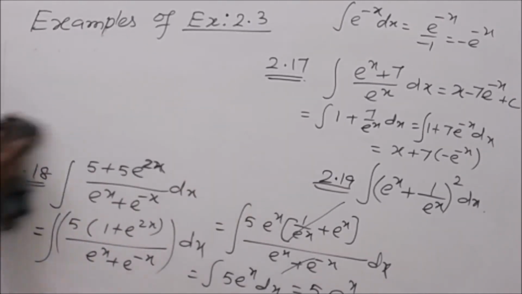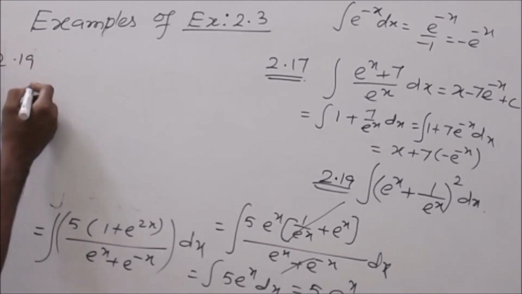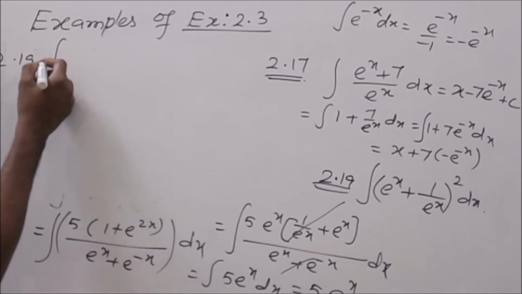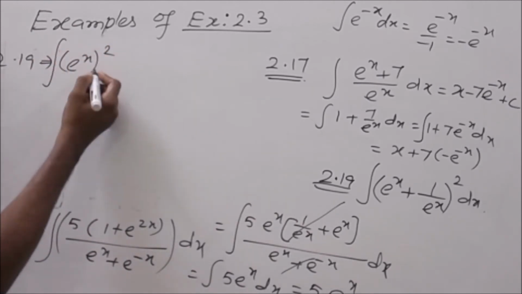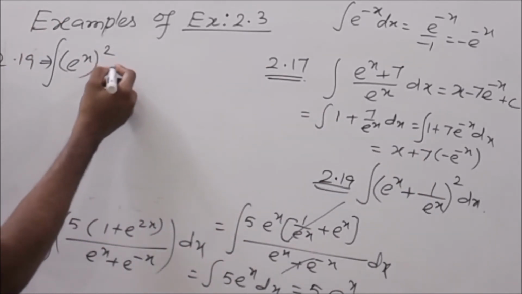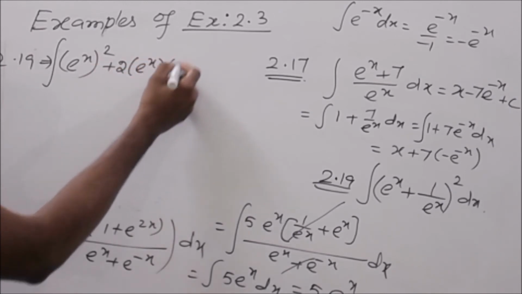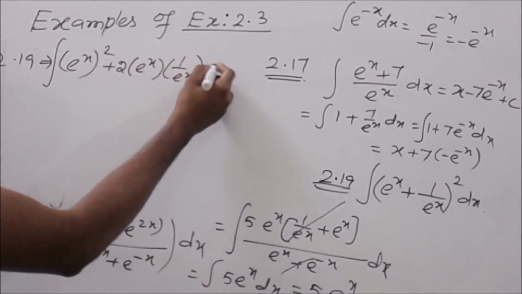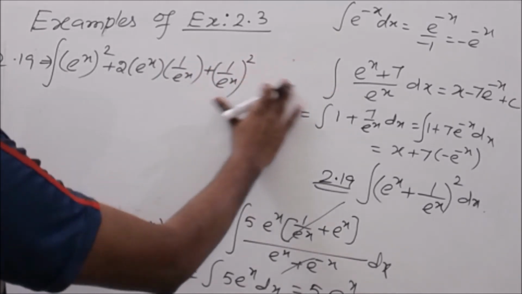Expand by using the (a plus b) whole square formula. Example 2.19: the integral of (e^x plus e^-x) whole square dx, which is a square plus 2ab plus b square.